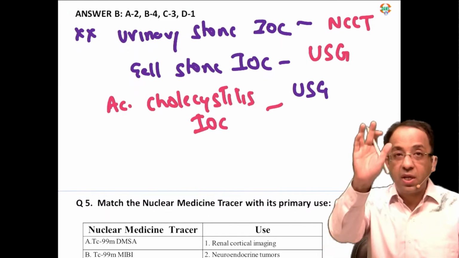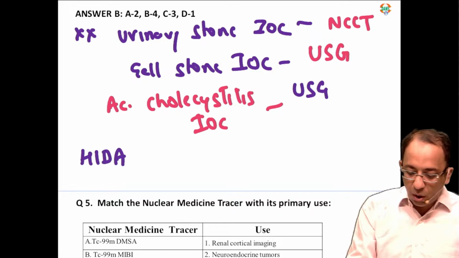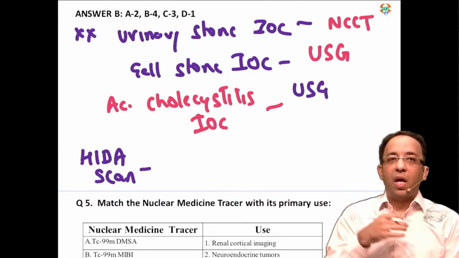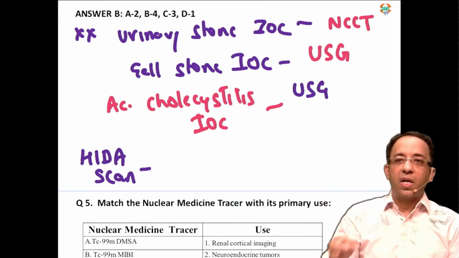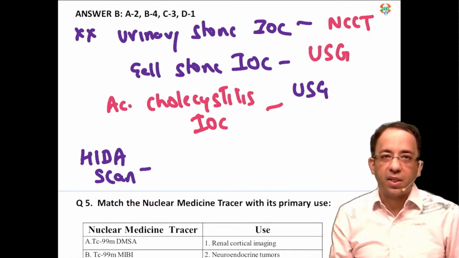A previous INICET question: what will you see in acute cholecystitis on HIDA scan? Let me know in the chat box. HIDA is hepatobiliary iminodiacetic acid.